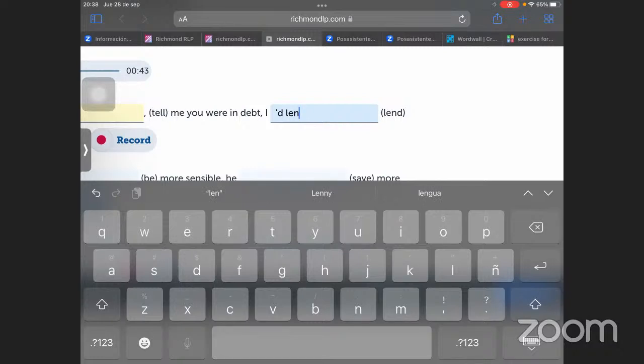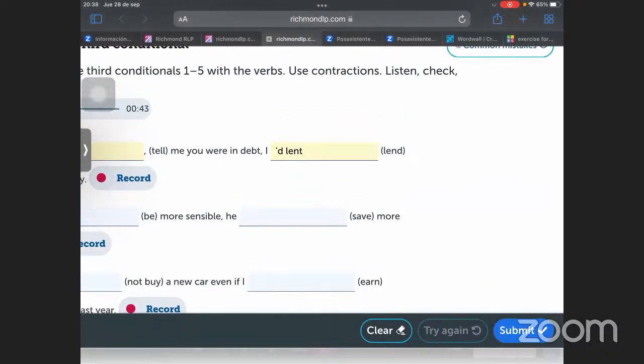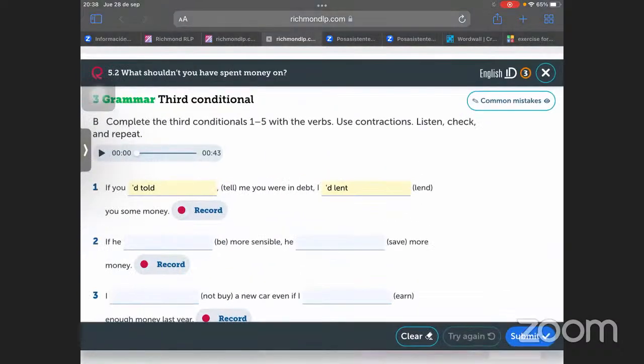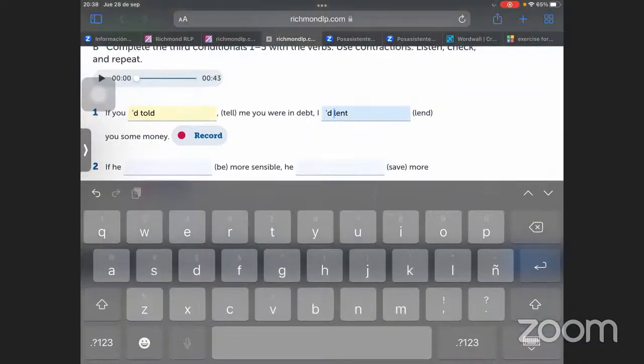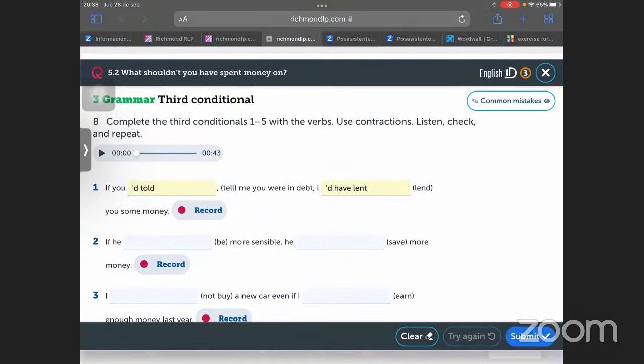Is with the T. Okay. So if you told me, would have. I would have.